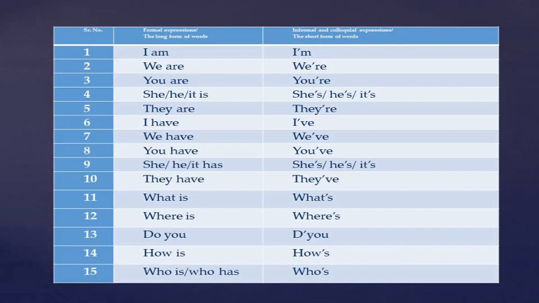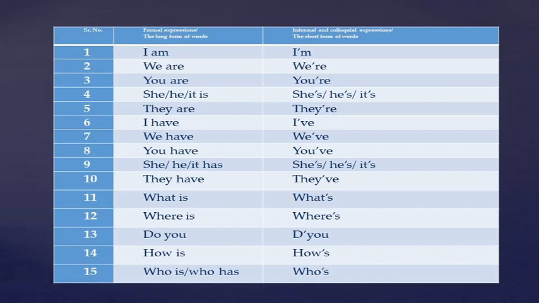I've seen the film. We've read the book. You've heard the lecture. She's my friend. He's my student. It's my pet. They've already listened to this. What's the use? Not "what is the use," but "what's the use?" Where's the book?